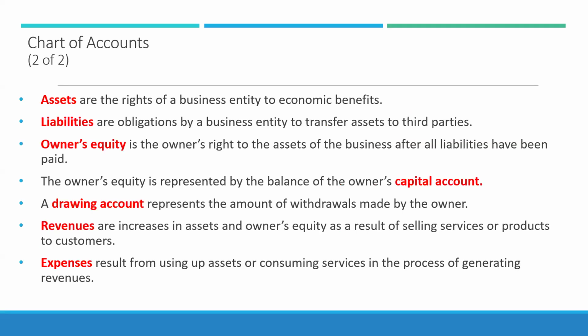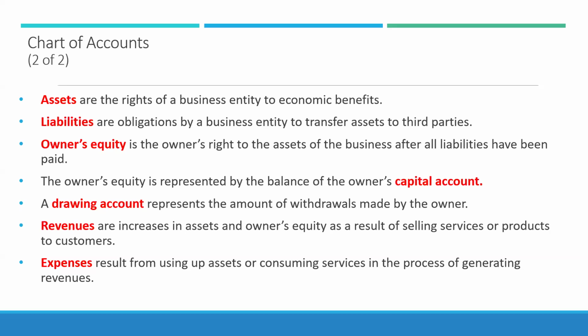Assets, I call them resources. They're the resources of a business to help provide economic benefits for the company. Cash you need for a business to survive. Buildings house the business. Supplies are utilized for the business to operate. Do you understand what I'm trying to get at?